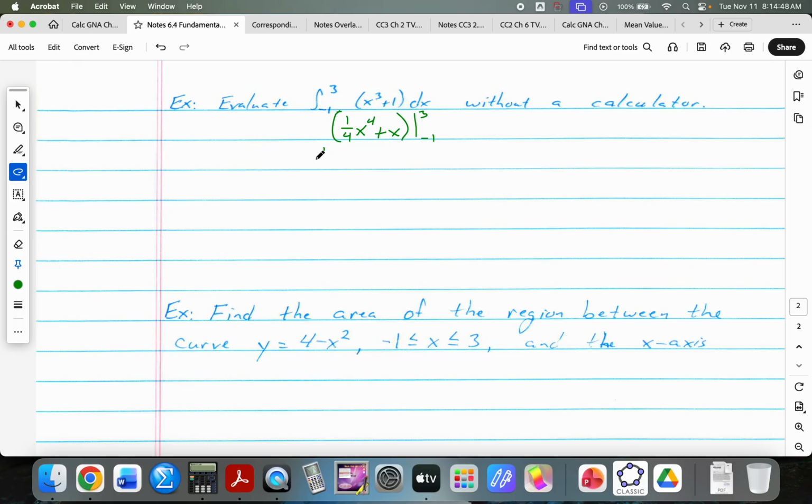difference. So this is 1/4 of 3 to the 4th, which is 81, plus 3, minus -1 to the 4th is 1, times a 4th is 1/4, plus -1.